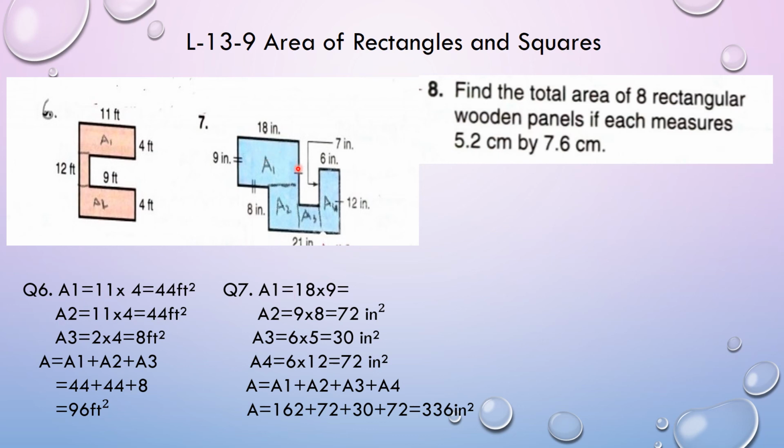In question number 7, again you can divide into 4 areas, A1, A2, A3 and A4. You can see A1 first, because here is 18 and this one is 9. You can multiply 18 into 9, which is 162.